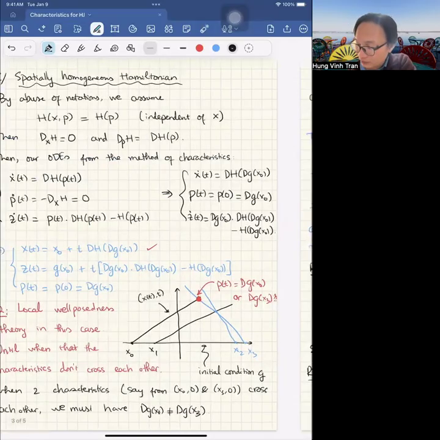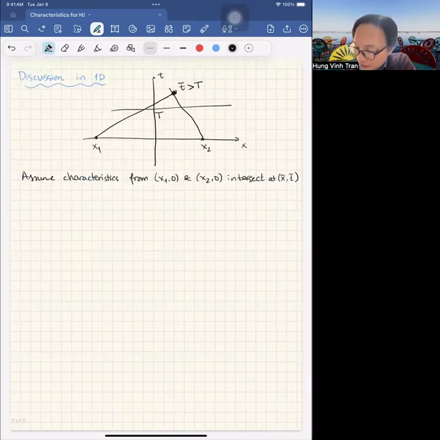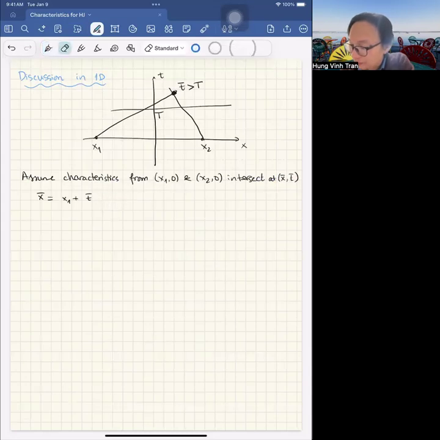Okay, so let me write down now. That means that I have x bar equals x1 plus t bar times the slope, h prime of g prime of x1.